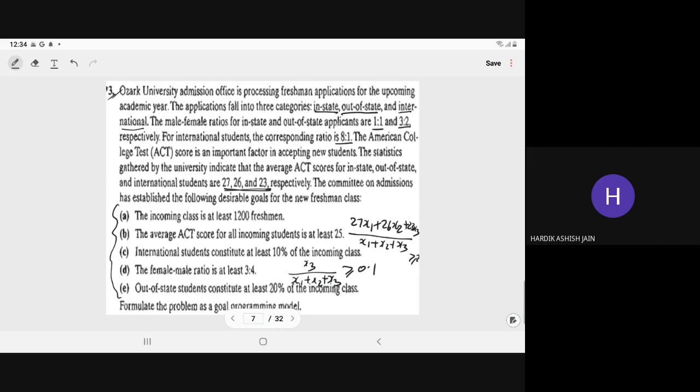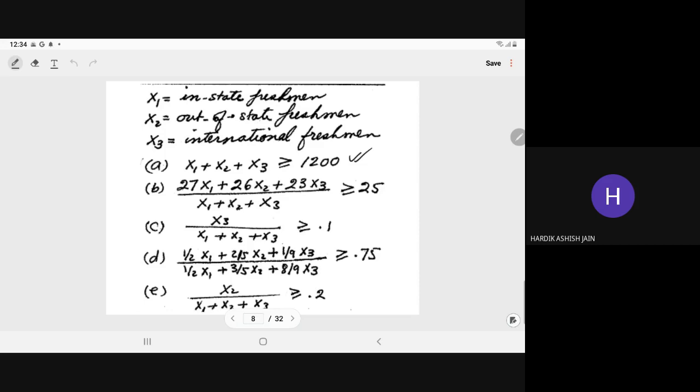The female-male ratio is at least 3:4. In the question they have given the male-female ratio, and here they have asked for the female-male ratio, so you have to take care. From the in-state, the male-female ratio is given as 1:1. In the case of out-of-state, the male-female ratio is 3:2, so the contributions will be 2/5 and 3/5.